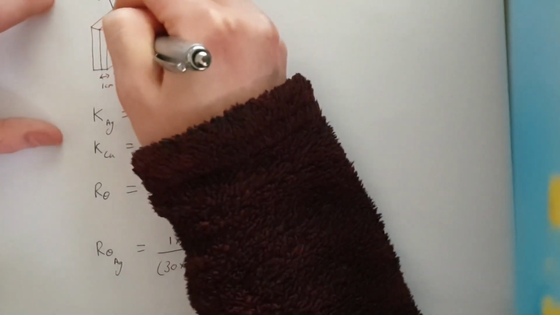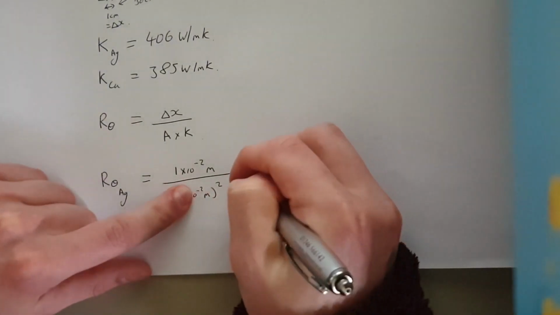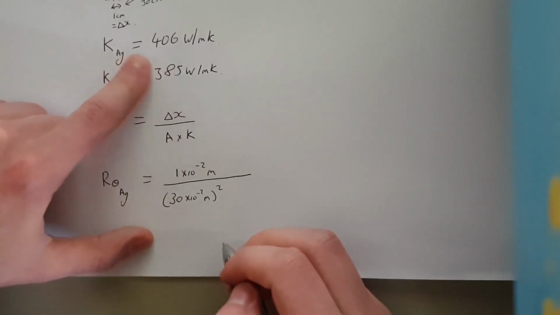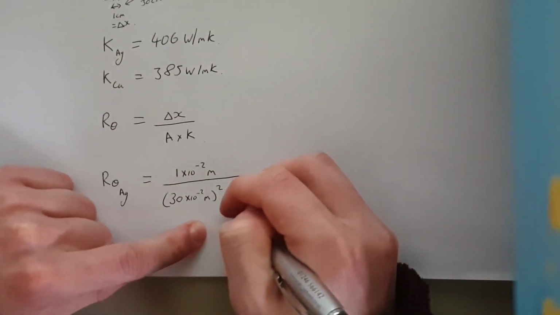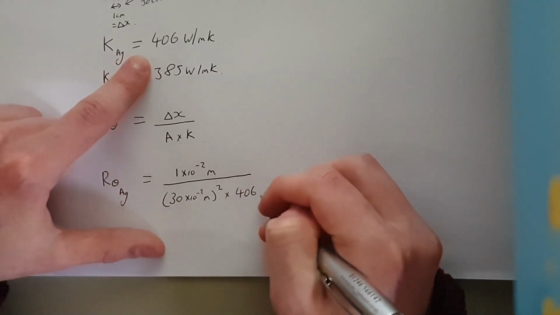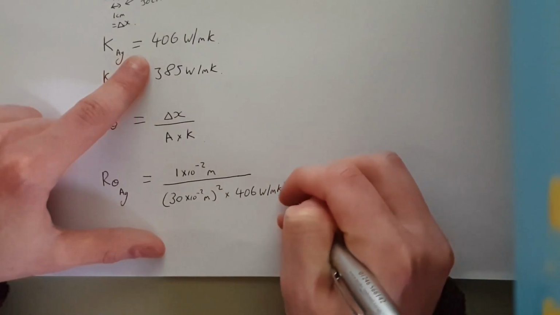I'll actually write A on that, and I'll write delta x equals delta x here. Times K. So K here, we're going to use the one for silver, so K times 406 watts per meter Kelvin.